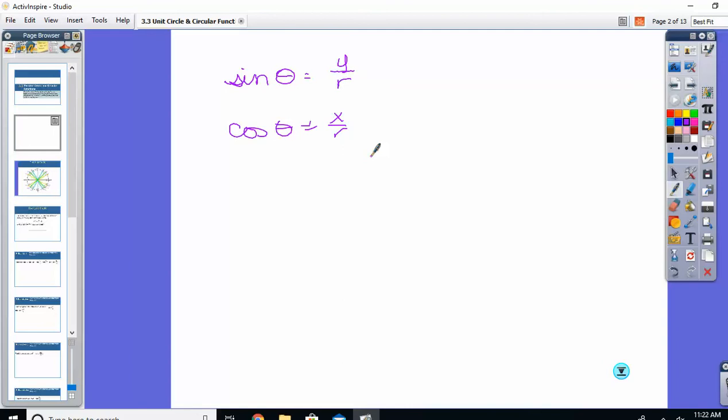A unit circle is a circle with a radius of 1. So, if my radius is 1, y over 1 is just y. X over 1 is just x. So I'm going to add ordered pairs to this. The x is our value of cosine, and the y is our value of sine.